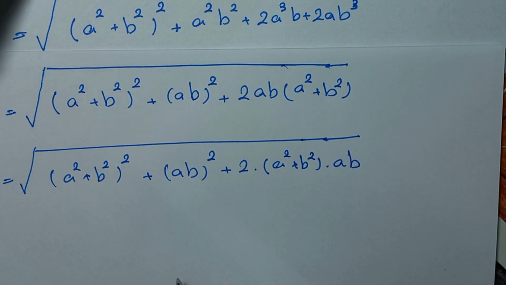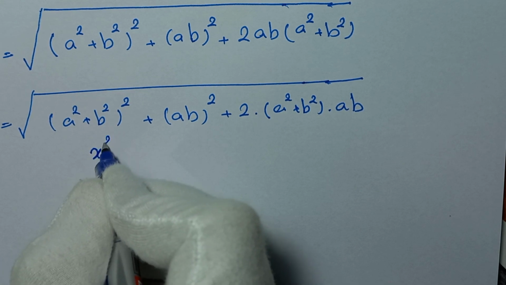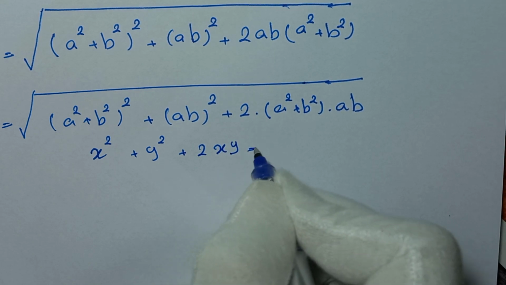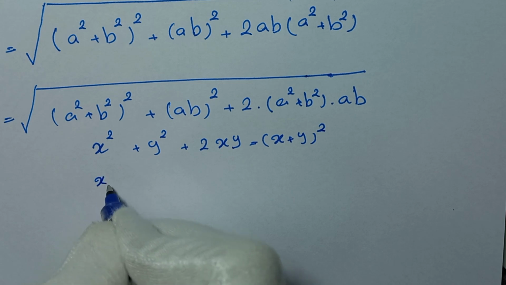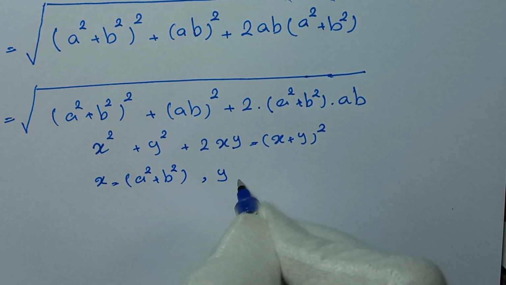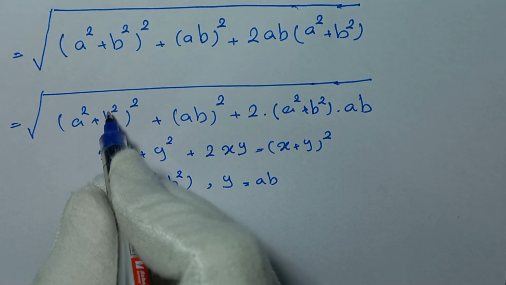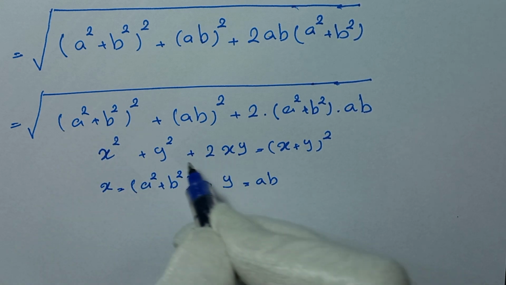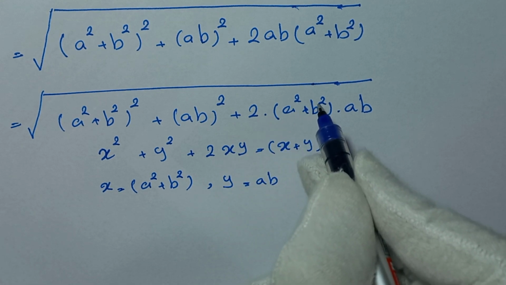So here this is also in the form of x square plus y square plus 2xy. It will be (x plus y) to the power of 2, where x is a square plus b square and y is ab, right? Here x square is (a square plus b square) to the power of 2, and here y is ab, so y square is (ab) to the power of 2, and 2xy is 2 times (a square plus b square) times ab, right?